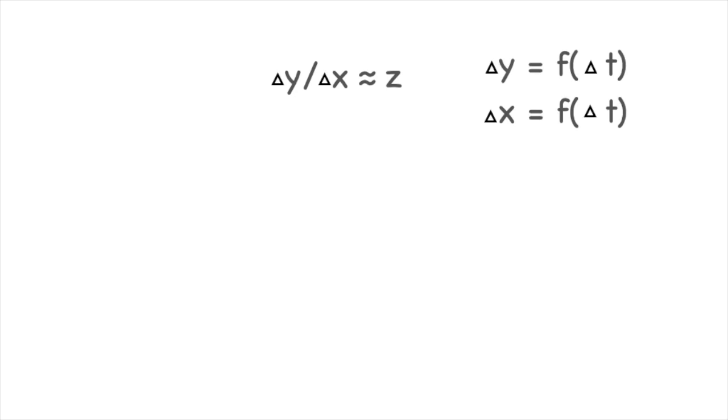Let's take two hypothetical variables, delta x and delta y. Let's assume that they are a function of a third variable, for example, delta t. Let's say the ratio of delta y to delta x is only approximately equal to some other quantity, or ratio of quantities. Call it z.